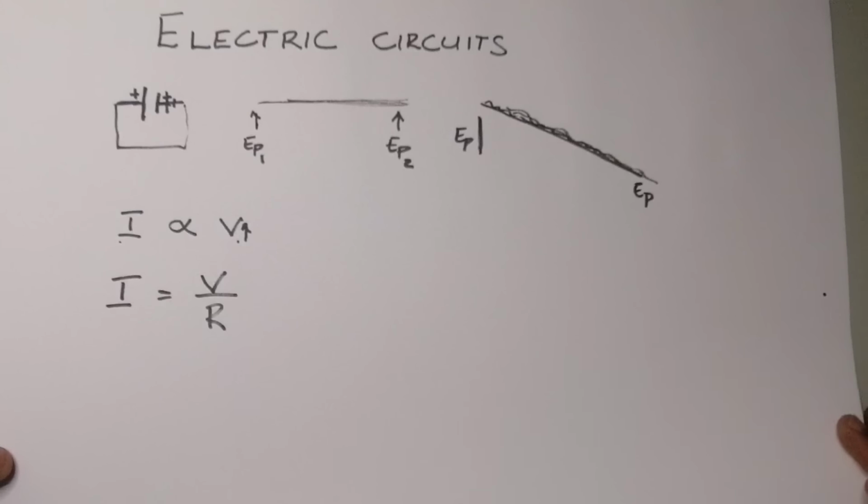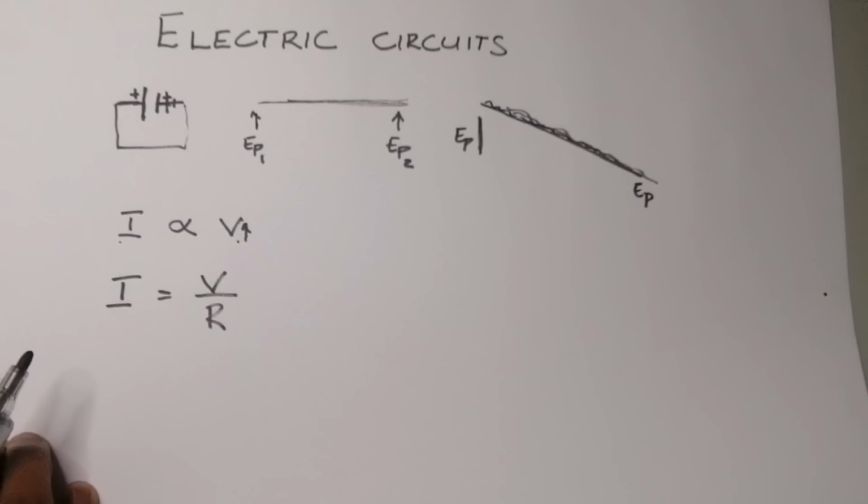So when we're talking about Ohm's law, we are always looking at a constant temperature. Ohmic conductors are conductors that do not change temperature upon use. I want you to always remember that. Ohmic conductors maintain the same temperature.